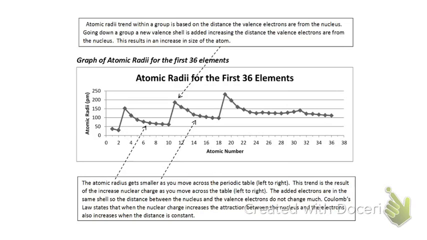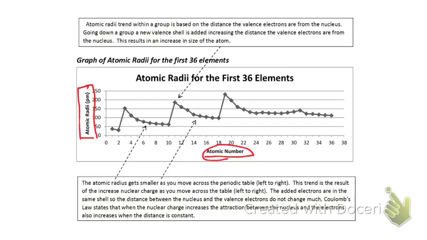So I have a graph here, and this graph is looking at the atomic radii for the first 36 elements on the periodic table. On the y-axis we have the atomic radii in picometers, and on the x-axis is the atomic number.